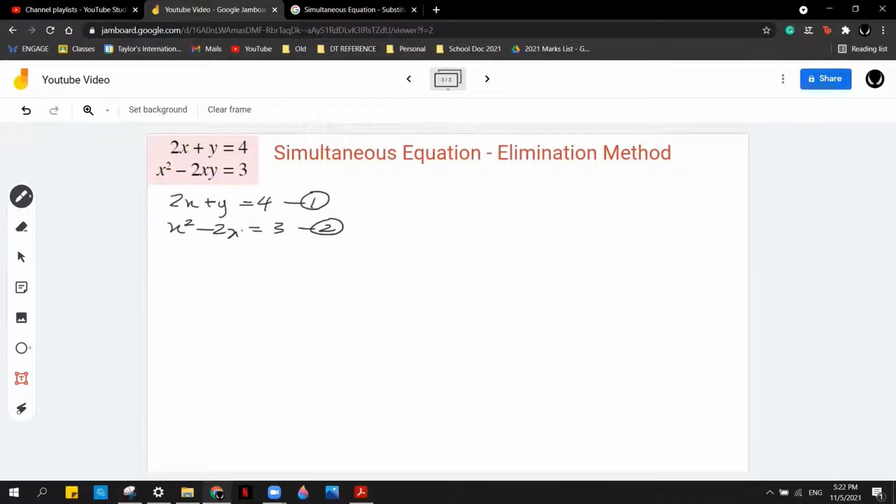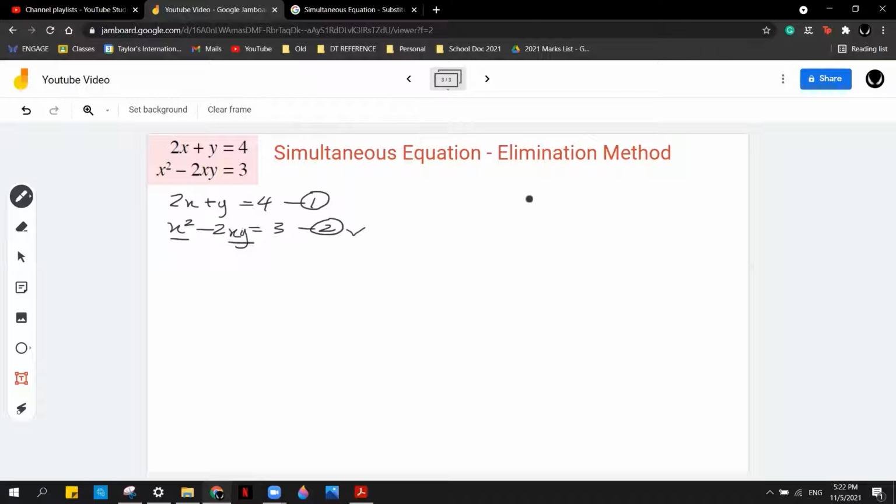So this is 2xy. If you notice equation 1 and equation 2, let's look at which one is the most complex equation. As we established in the last video, equation 2 is the most complex one because we have an x squared and an xy here.